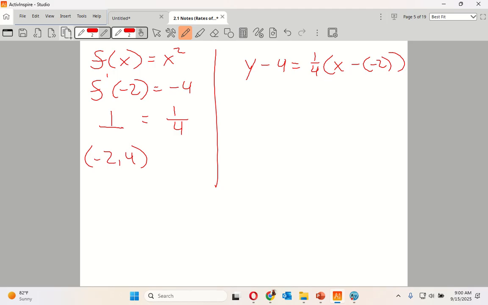Alright, so let's do some distribution. So y minus 4 equals 1 over 4x plus 1 over 2. And then I go plus 4, and over here plus 8 over 2. Why did I add 8 over 2 over there?